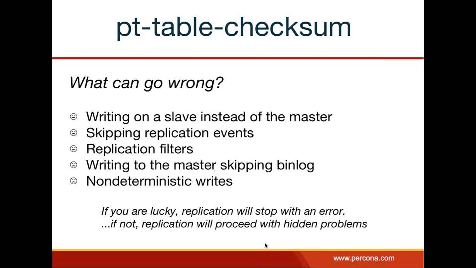Well, several things can go bad. Writing directly on the slave instead of the master, that's the first thing wrong. Skipping replication events with SQL_SLAVE_SKIP_COUNTER. Some kind of issue with replication filters.